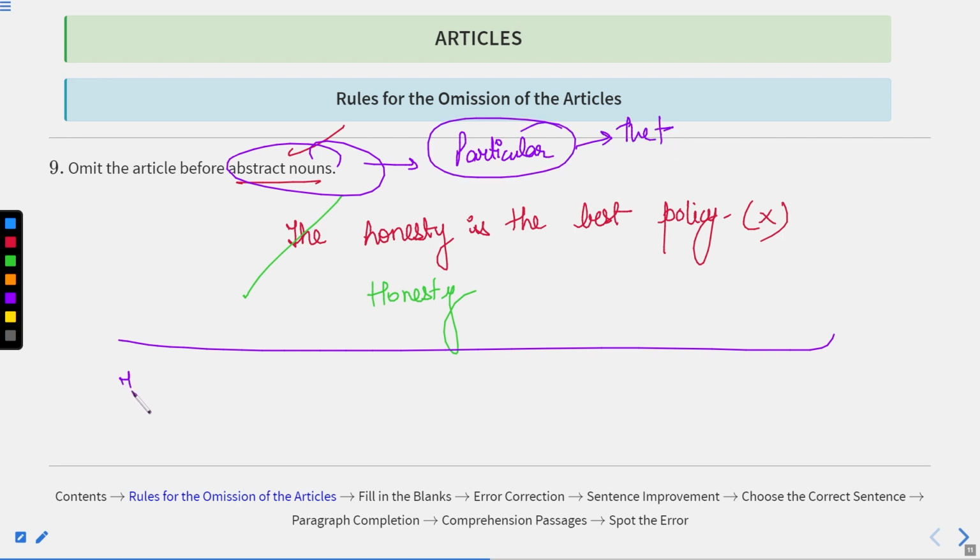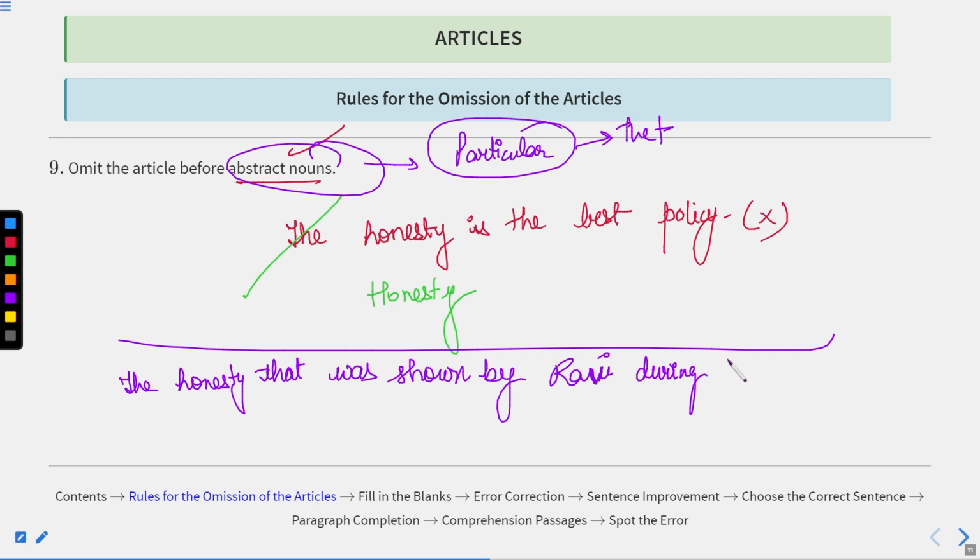How? If I say the honesty that was shown by Ravi during the competition was really appreciable.